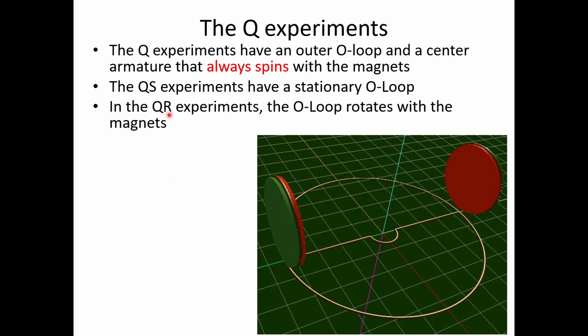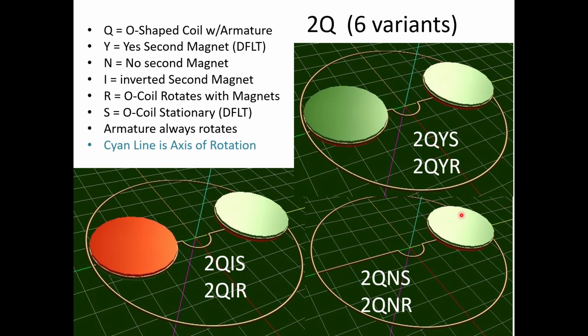If you have the R in the experiment, then everything rotates together, again just to validate a 0 output. With the 2Q experiments, again, there's 6 variants, and these are pictures, and it should be self-explanatory. I'm not going to go into detail. So this is all of the paradox 2 variants, and there's 3 sheets of 6 variants, 18 variants total.